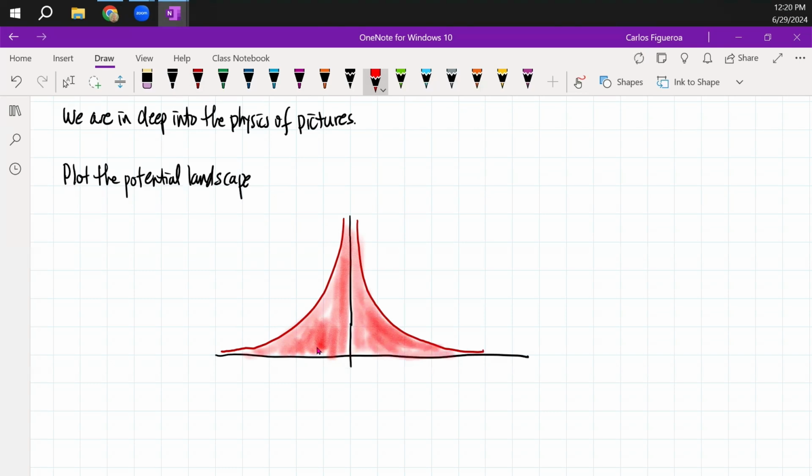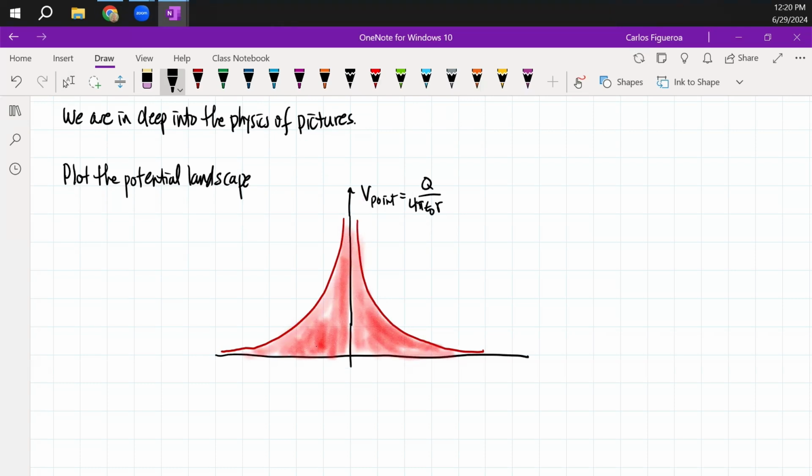What we just did is plot that of the point charge, which is q over 4 pi epsilon r.